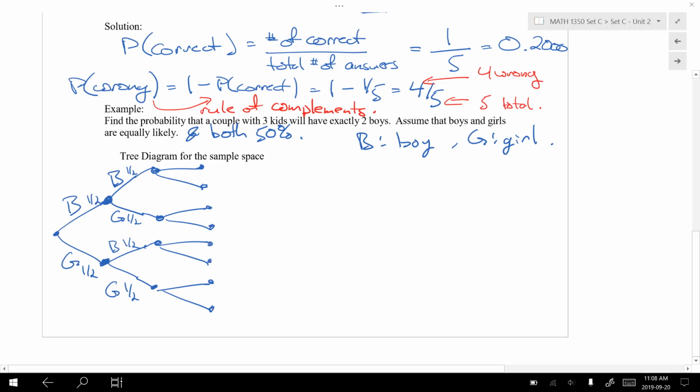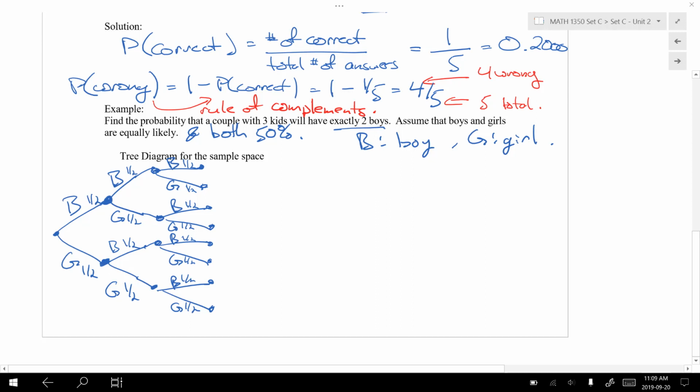Each particular option that we've had so far can again be split into boy or girl with 1/2 probability each. Like so. And since all outcomes are equally likely, we can imagine investigating each of these for our desired outcome, and then comparing that to the total.